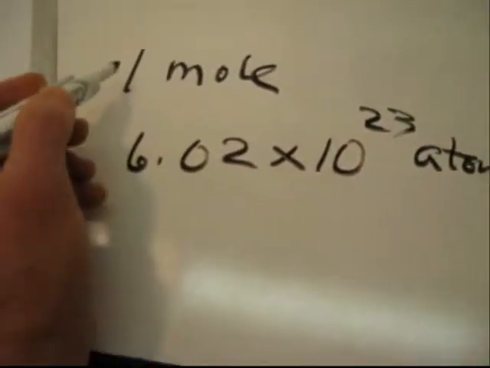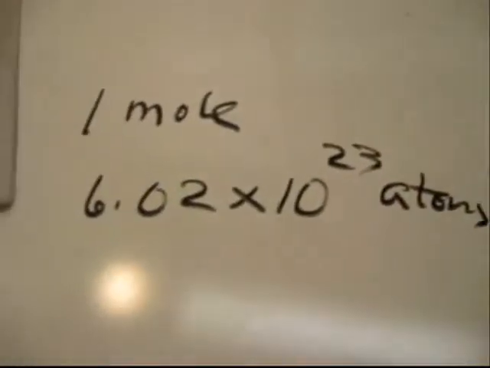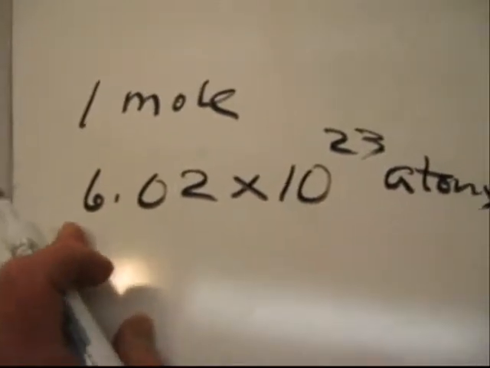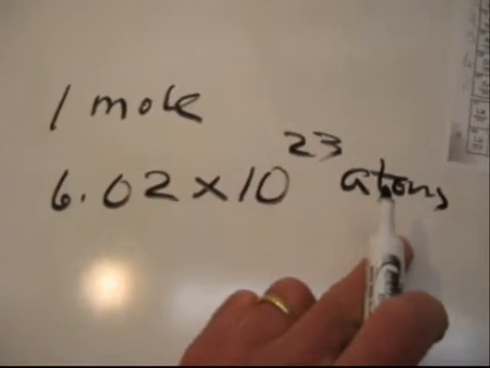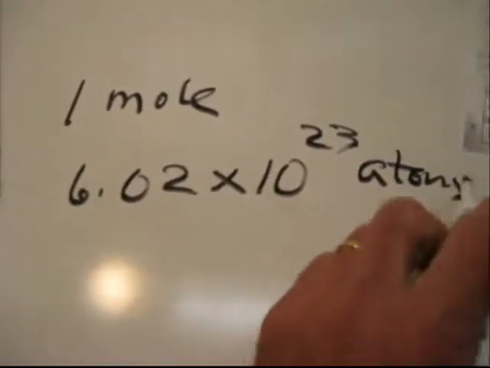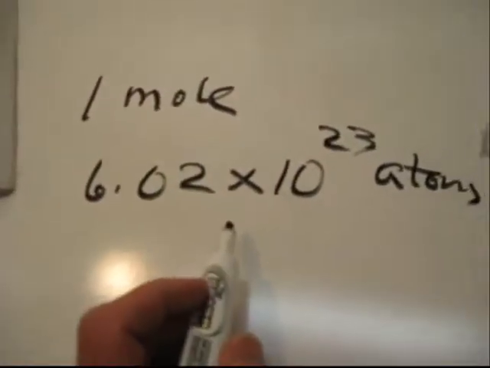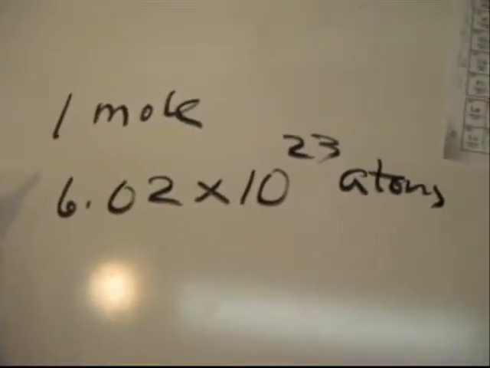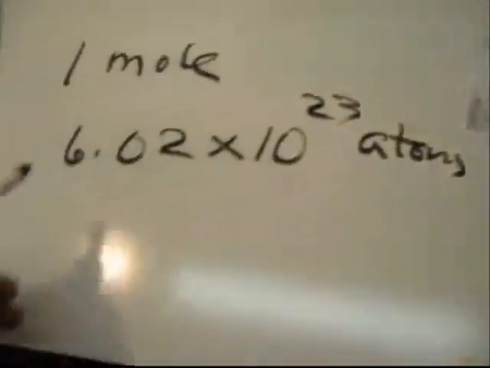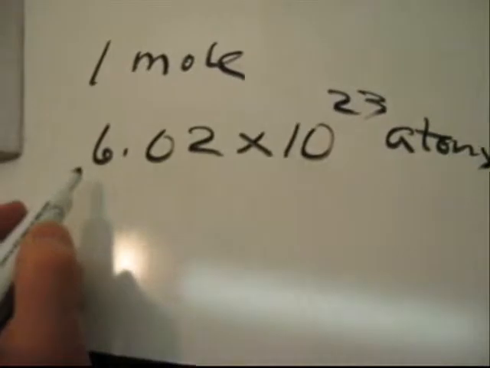So in a mole of any element that we look at on our periodic table, 1 mole of any of those elements has 6.02 times 10 to the 23rd atoms. This number is known as Avogadro's number, and the important thing to point out to your students is that no matter which element you look at, if you were to get 1 mole of it, you're going to have the same number of atoms.